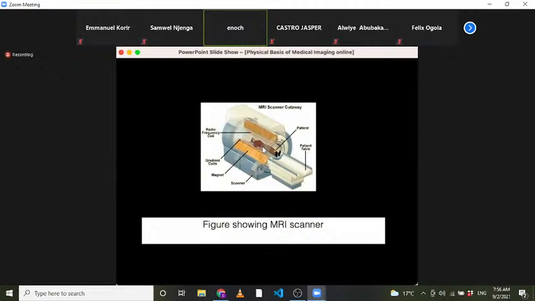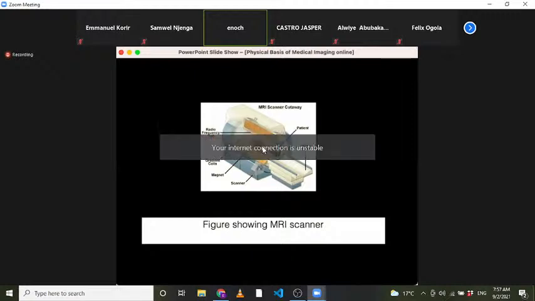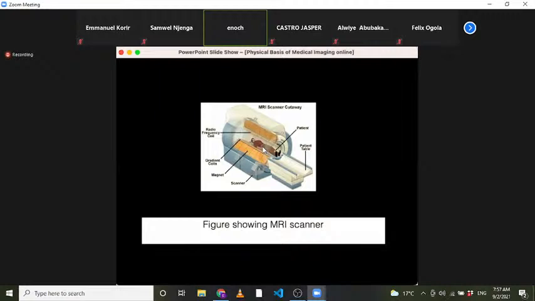That is sometimes referred to as spin-environment or spin-lattice interaction, whereby the hydrogen nuclei emit energy to the surrounding tissue environment. The regrowth of the longitudinal magnetization is what is referred to as T1. Again, the regrowth is exponential, so it can also be measured.